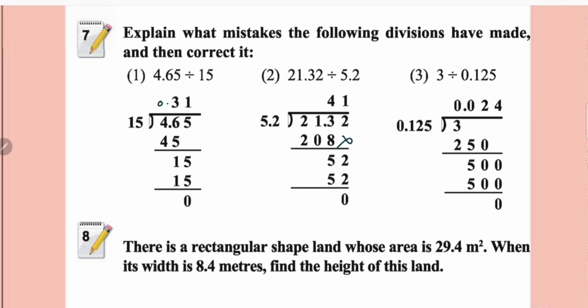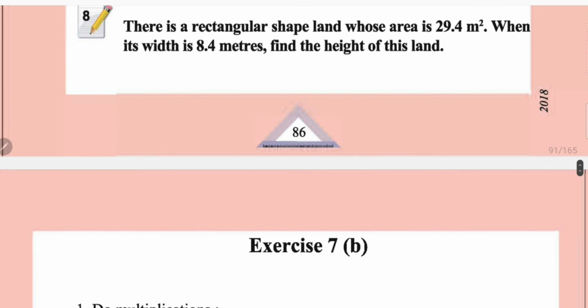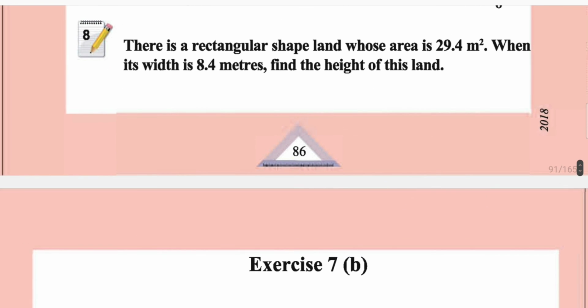Anyway, this is wrong. There is a rectangular shaped land whose area is 29.4 meters square when its width is 8.4 and the height is 29.4 by 8.4. Why? Area is width into height. How much is it? Multiply with 10 on both numerator and denominator.